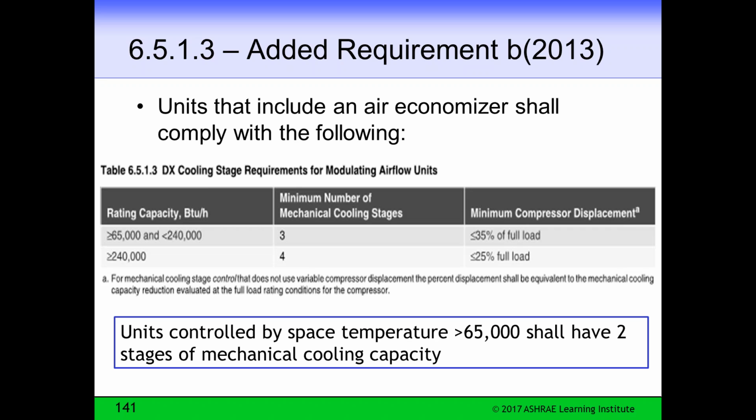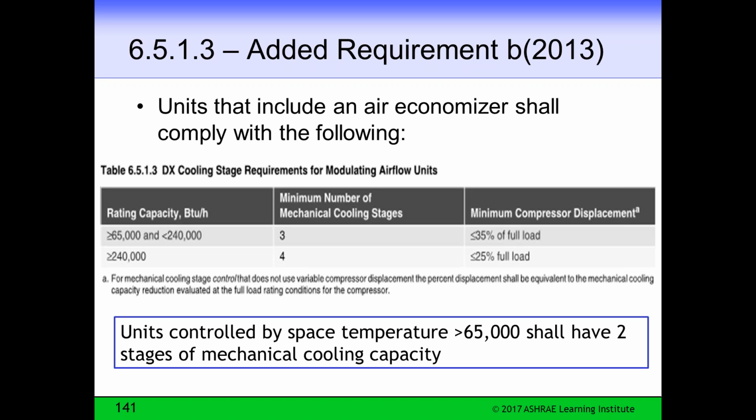But we require several steps of compressor unloading or multiple compressors, variable speed compressors, so that we can optimize the unit and minimize the wasted energy of an unloaded big compressor. So basically 3 steps for the smaller units, 4 steps for the bigger units, and units controlled by the space temperature.